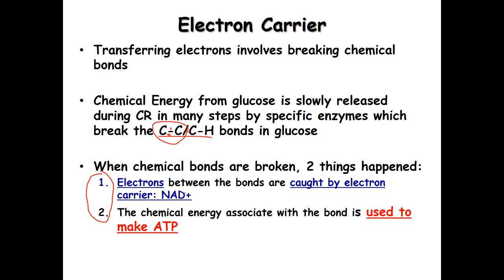So you need an electron carrier to carry the electrons after you break the carbon-carbon bond, and that carrier is NAD plus. And number two, when you break the carbon-carbon bond, the chemical energy in the bond is going to be used to make ATP. So two things, remember, every time you break a carbon-carbon bond.